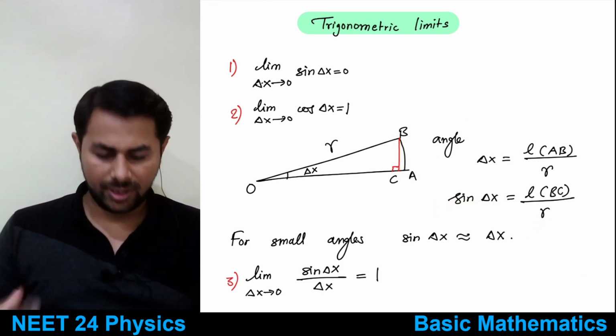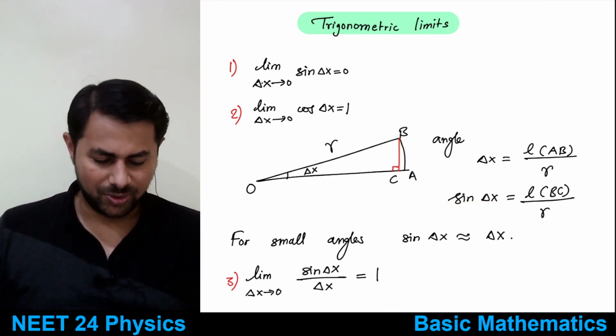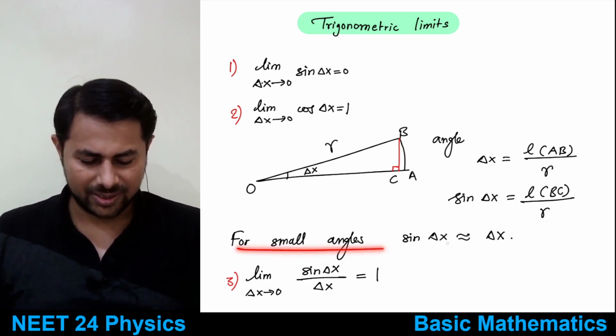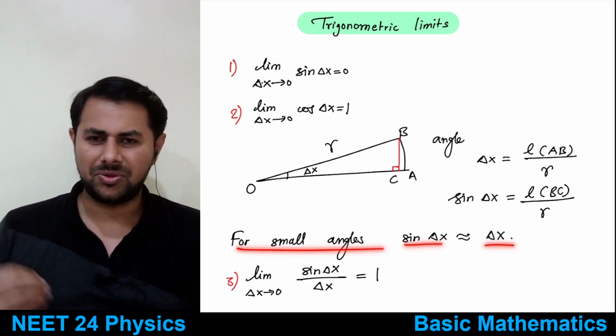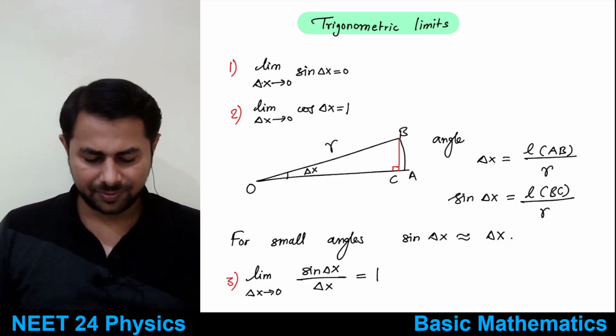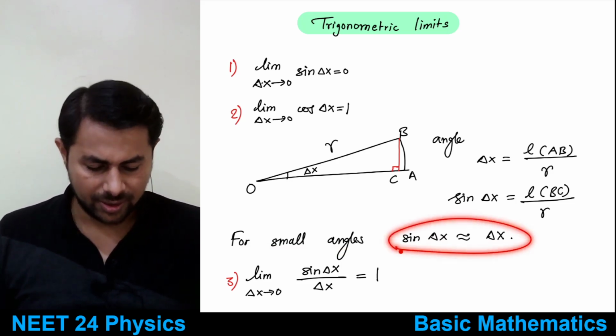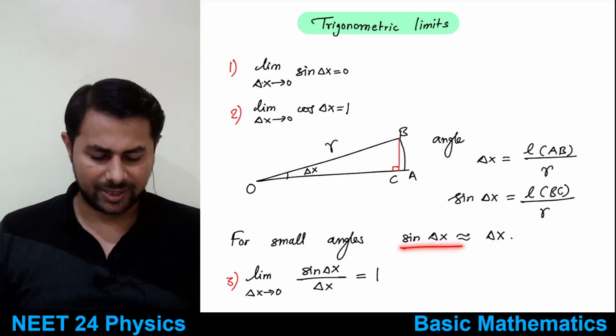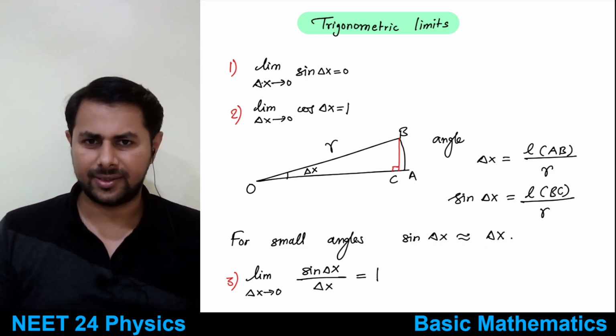Now here comes a crucial point, a beautiful point: for small angles, sine of delta x is nearly equal to delta x. Why is it so?